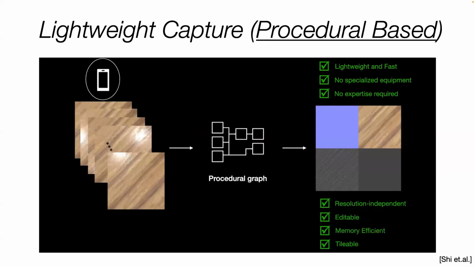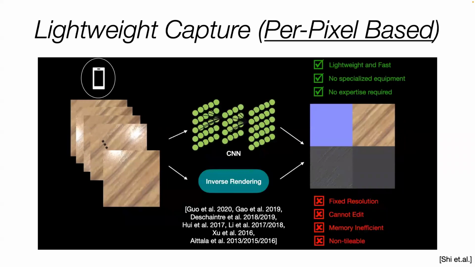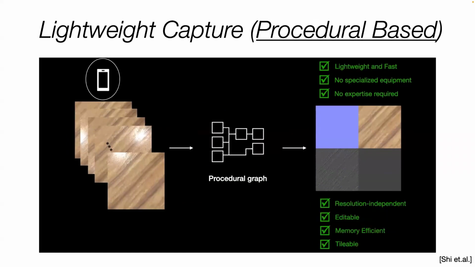And so it has all the benefits of this per pixel based lightweight capture, but doesn't have any of the disadvantages, because it's resolution independent, is editable, is memory efficient, is also tileable, because you train to tile this within a domain of a surface, right, or some object.